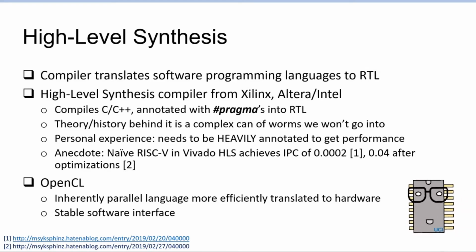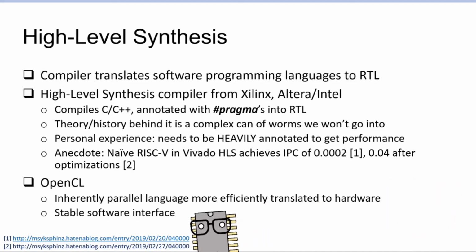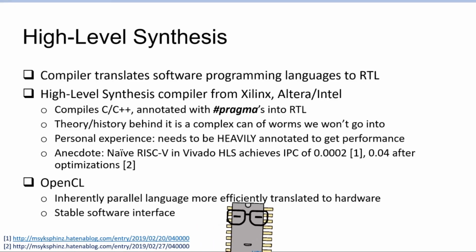another high-level language that you can potentially use, a software programming language you could potentially use, is something like OpenCL. OpenCL is an inherently parallel language, which can be more efficiently translated to hardware, unlike C. And OpenCL compiler infrastructures, OpenCL execution environment, things like that, they do provide a somewhat stable software interface if you use something like an Intel toolchain for compiling OpenCL to FPGAs.